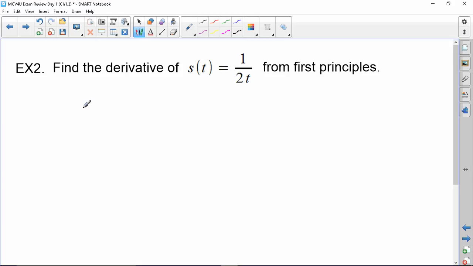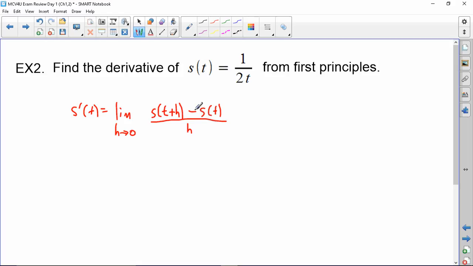And remember the formula from first principles: the limit as h approaches 0 of s at t plus h minus s at t over h. And remember, this is essentially just the slope.